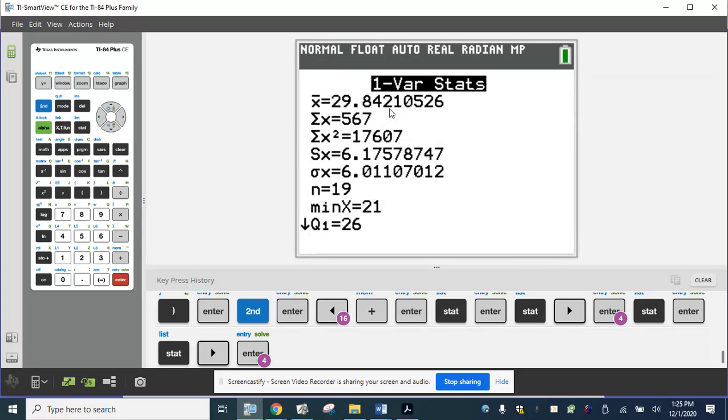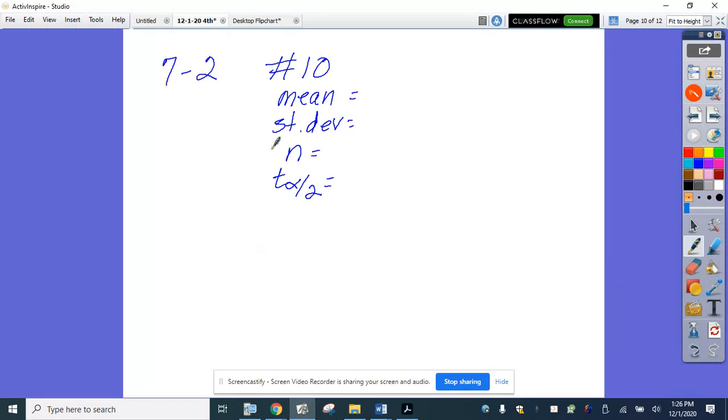So I need the average from this right here. So I get 29.84. Okay, 29.84. That was my mean. My standard deviation was 6.18. My N was 19, so that means my degree of freedom is 18.